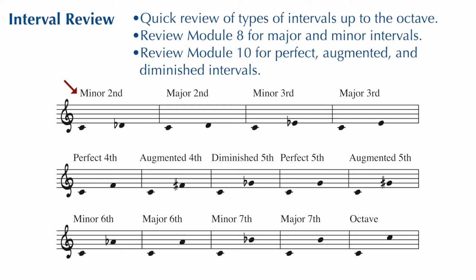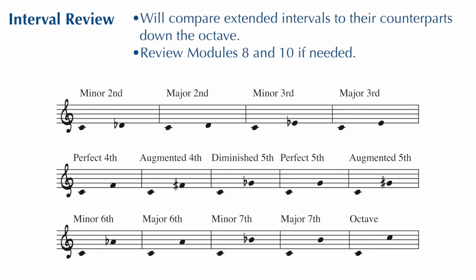We've got your minor second, major second, minor third, major third, perfect fourth, augmented fourth, diminished fifth, which is enharmonically equivalent to the augmented fourth, your perfect fifth, augmented fifth, your minor sixth, which is enharmonically equivalent to your augmented fifth, major sixth, minor seventh, major seventh, and your octave.